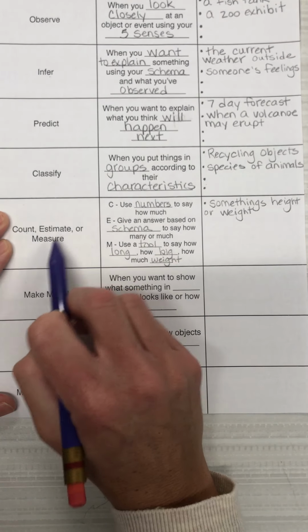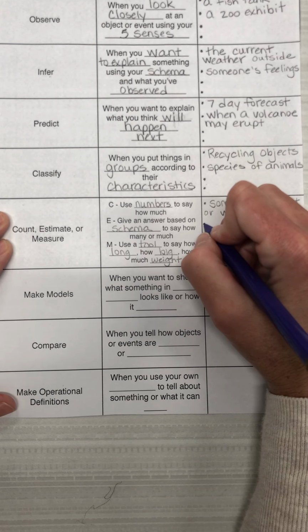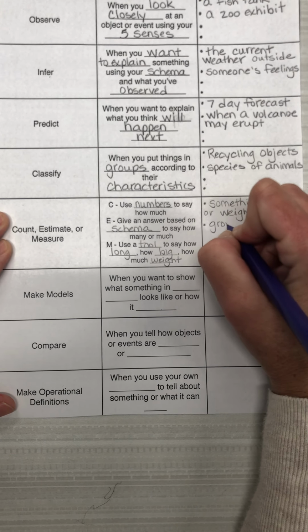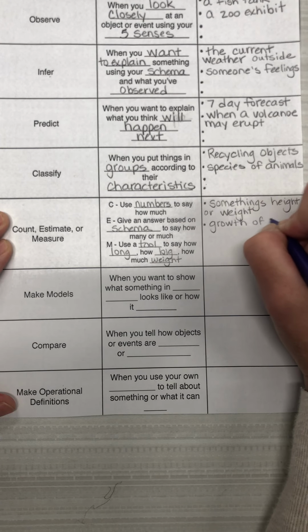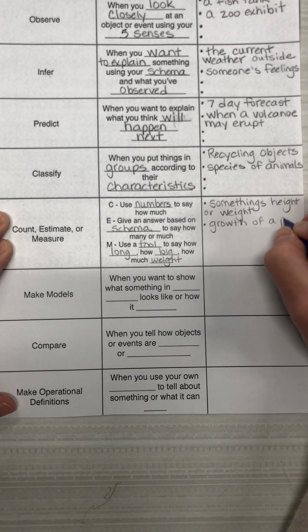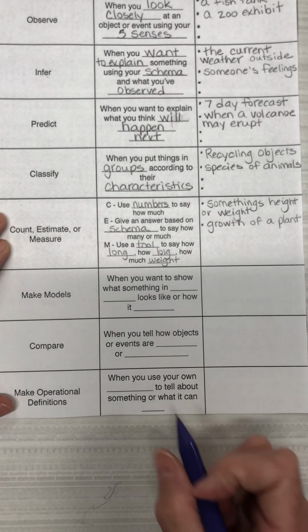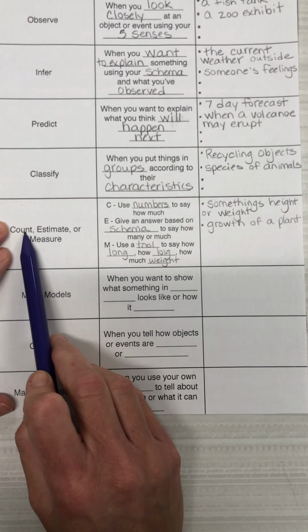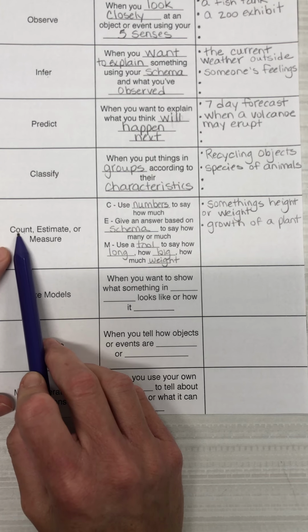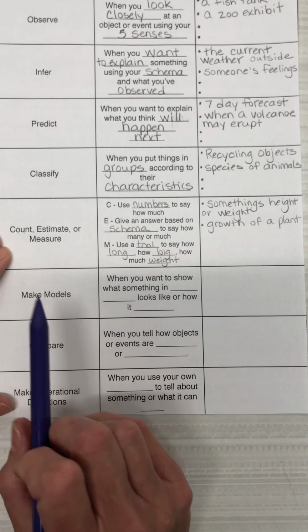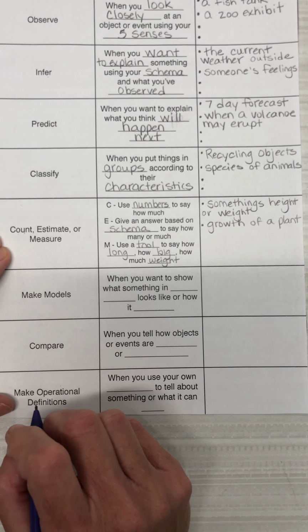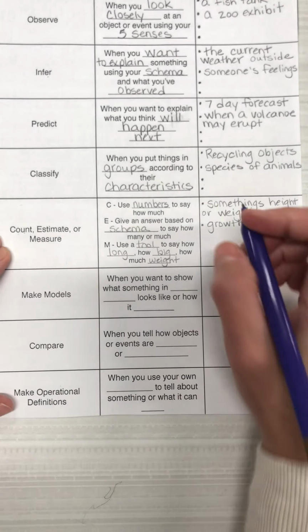We might count, estimate, or measure the growth of a plant. I'm thinking that there's lots of scientists out there counting how many species of certain animals are left, and that's how we get our endangered and extinct lists out there. So that could be an example of counting.